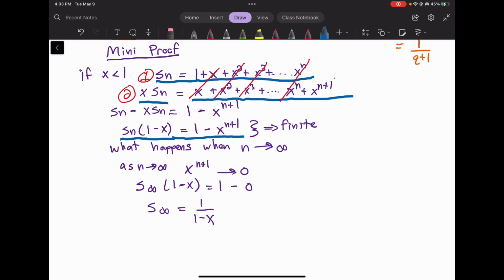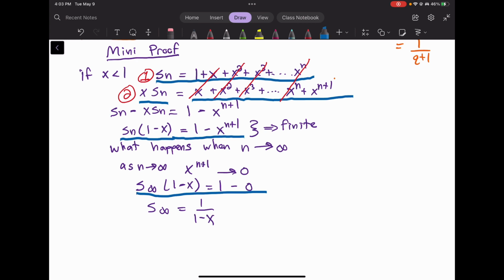So as n approaches infinity, x to the power n plus 1 approaches 0. So basically on the right-hand side, we end up getting 1 minus 0 right here, because x to the power n plus 1 approaches 0 as n goes to infinity.